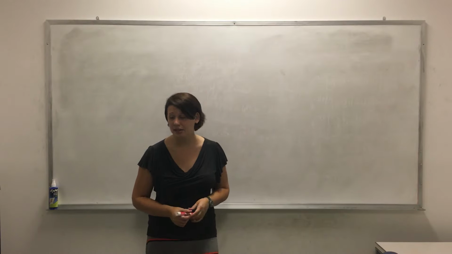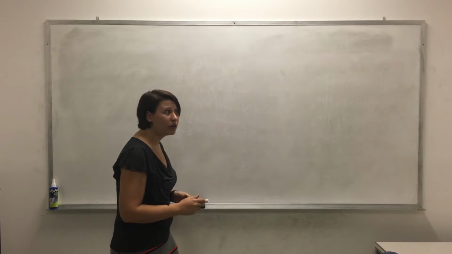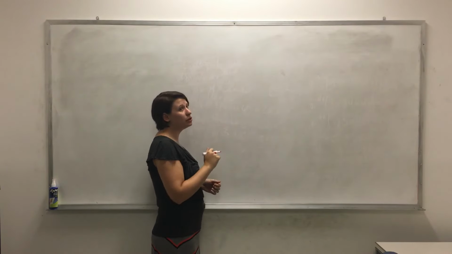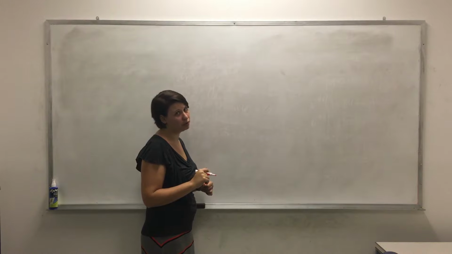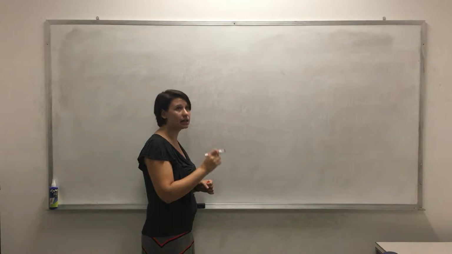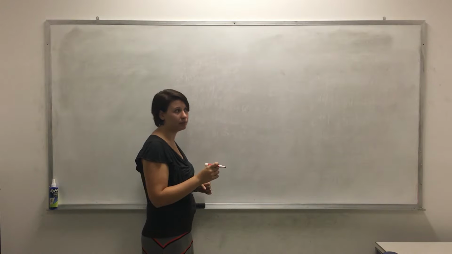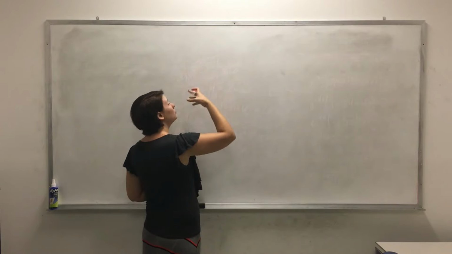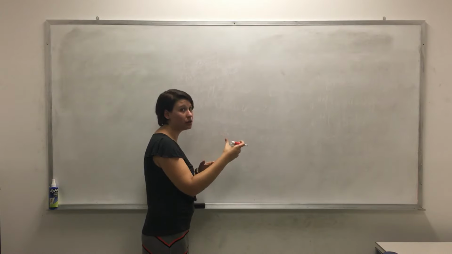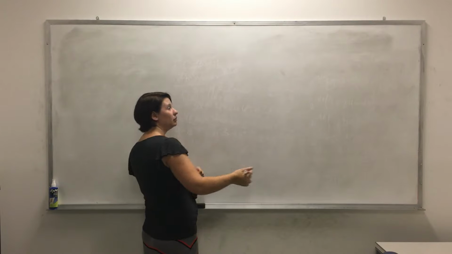For 4.6, algebra rules for logarithms, we have 3 rules. The first one is very similar to the first exponent rule. If you had the same base, you added the exponents if you multiplied. Remember, exponents and logs are inverses, so the opposite is true.